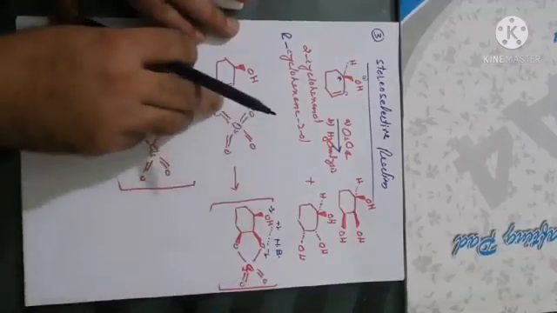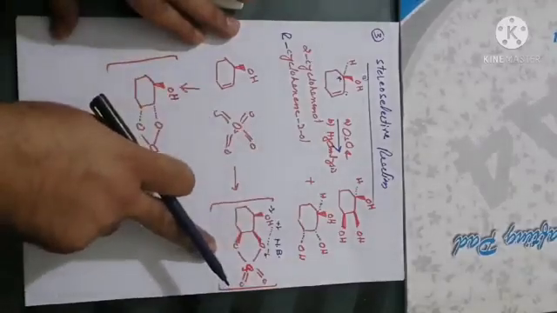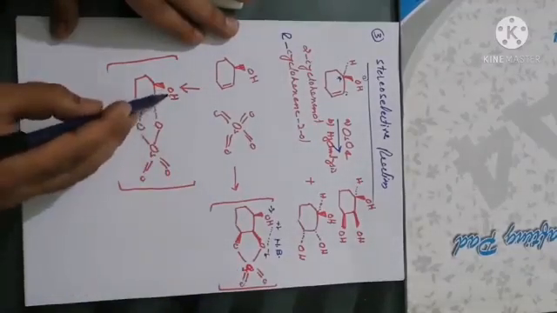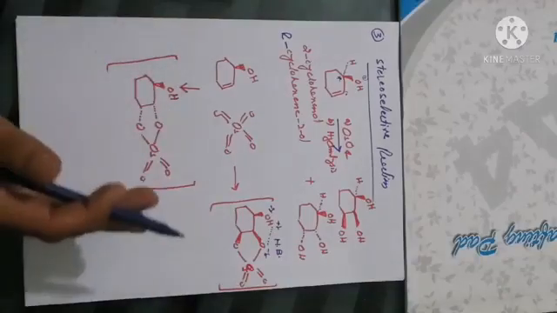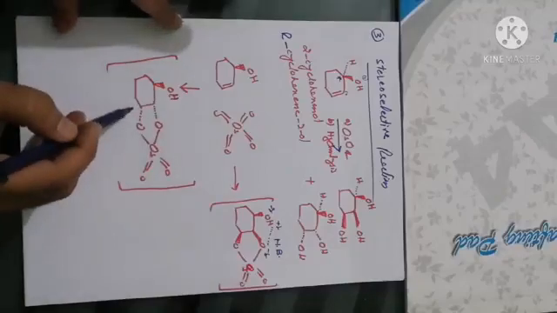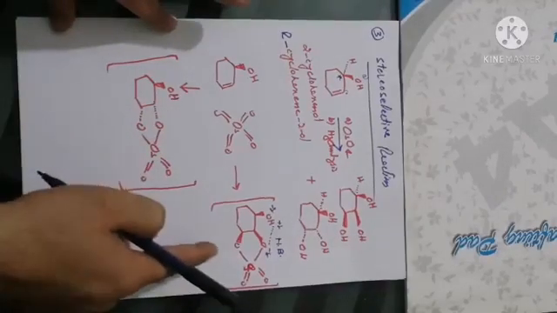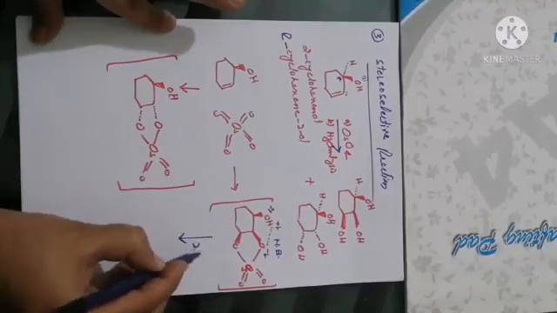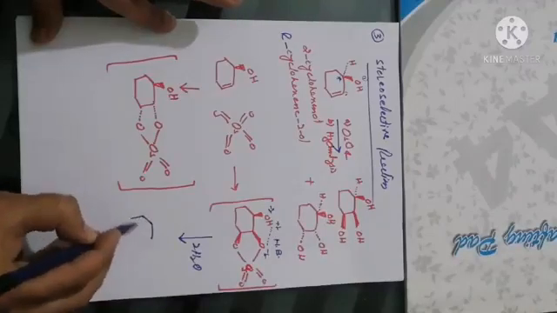So the reaction will proceed towards the transition state which is more stabilized. But here this hydroxyl group and this oxygen are far apart, on the opposite sides of the ring. So this is not a stabilized transition state. So this transition state will be formed, and upon hydrolysis with two molecules of water, we will get this final product.